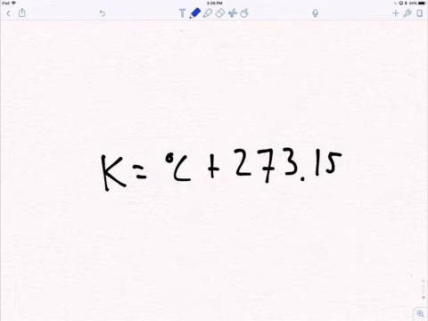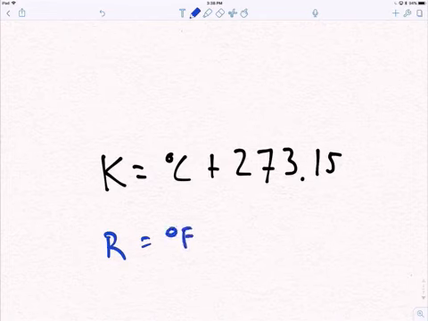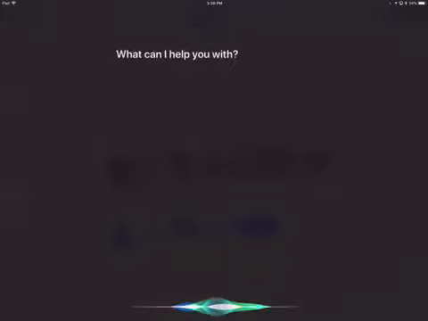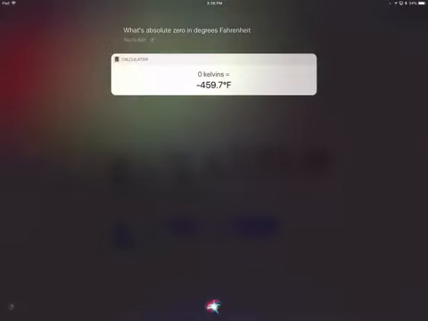Don't worry. There's another unit. R is degrees Fahrenheit, and I think it's about 450-ish. I can ask Siri. What's absolute zero in degrees Fahrenheit? It's minus 459.7 degrees Fahrenheit. Okay, there we go.